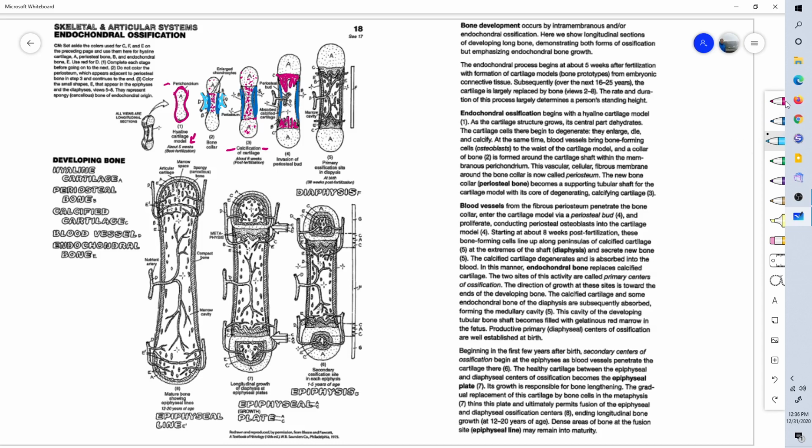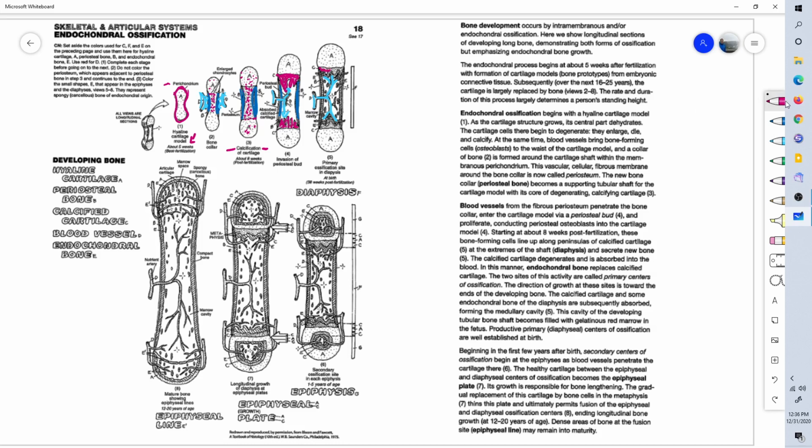Recall these blood vessels that I had outlined over here that were bringing these osteoblasts to this blue area in the collar. Now they're starting to penetrate through the collar, and they're going to go and drop osteoblasts over here. And what's going to happen, and here you see a diagram of it, is these blood vessels coming through are putting osteoblasts down, creating new bone. So this calcified cartilage is now going to turn into bone.